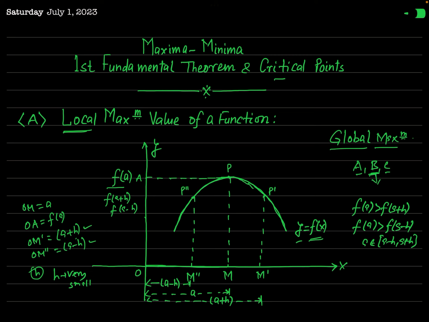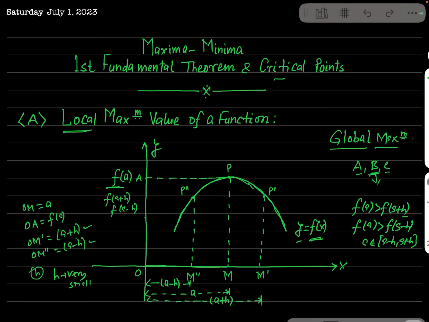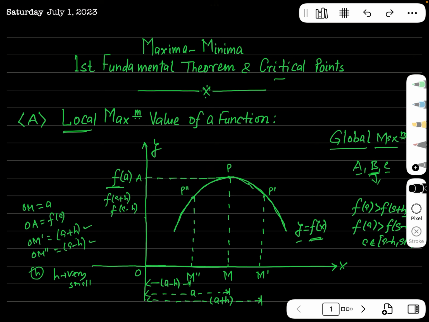In fact, in this condition, when f of A is greater than f of A plus H and f of A is greater than f of A minus H, then we simply say that this function f of x has a local maximum value at this point P or at x equal to A. And this f of A will be called its what? Local maximum value. F of A is its local maximum value. I think you have clearly understood what I have told.